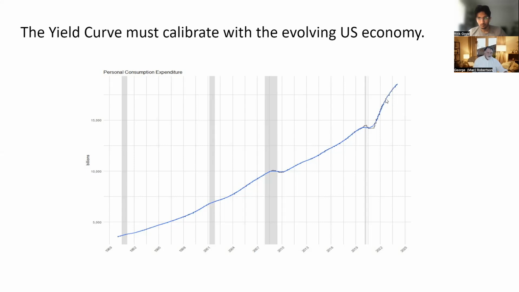So your yield curve that you're looking for and working with has to calibrate to this. It cannot be otherwise. And yes, there's a couple quarters lag, but the usual time spent for this lag is only a quarter even, or possibly 2 quarters.